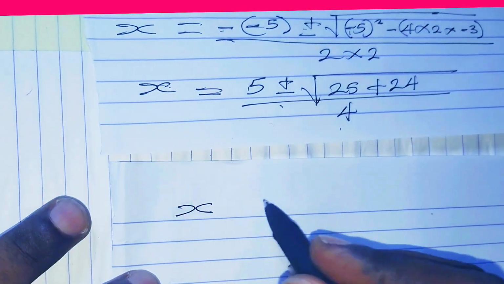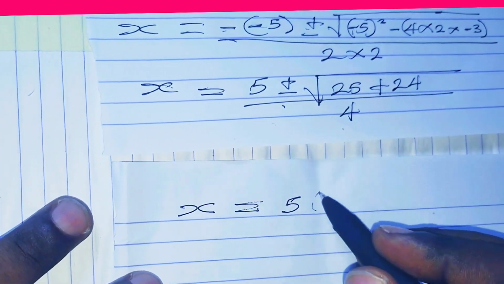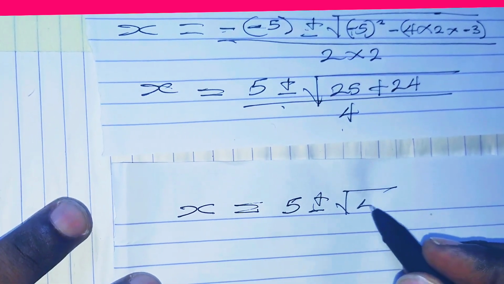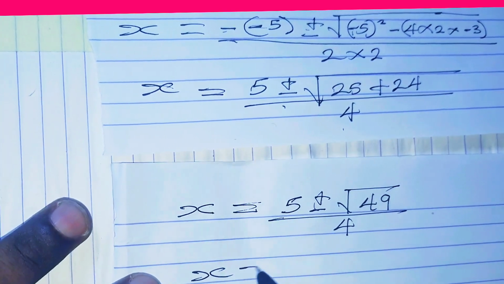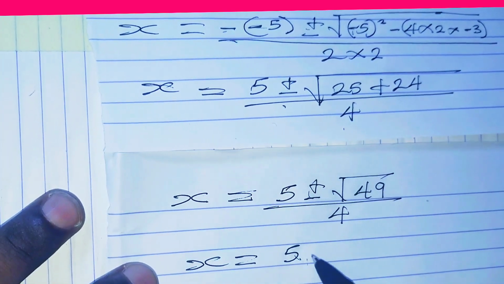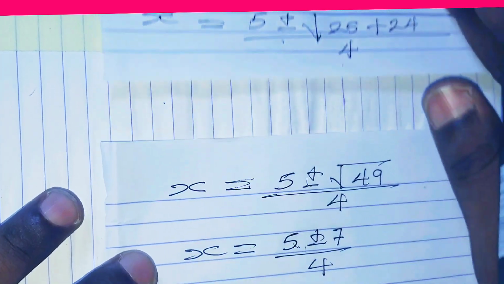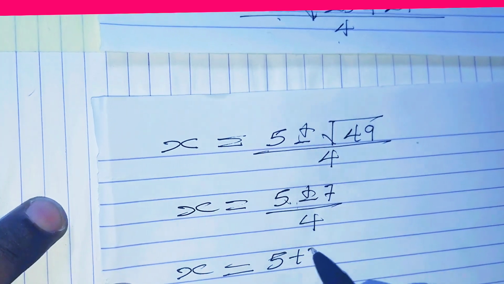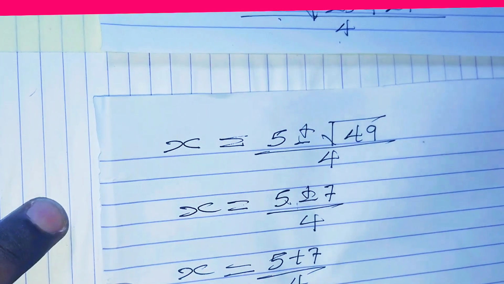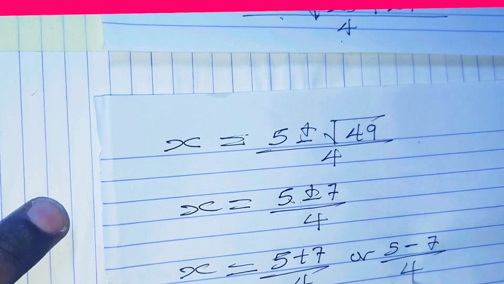And then we're actually heading towards what the completing the square method gave us. This is square root of 49, everything over 4. So our x becomes 5 plus or minus 7 over 4. And then here is x equal to 5 plus 7 over 4, or 5 minus 7 over 4.